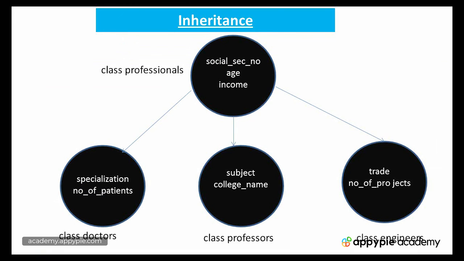Now we come to the second feature of OOPS, which is inheritance. As far as inheritance is concerned, we can say that there are situations when there are some classes having specific properties, but they share some common data and common methods.